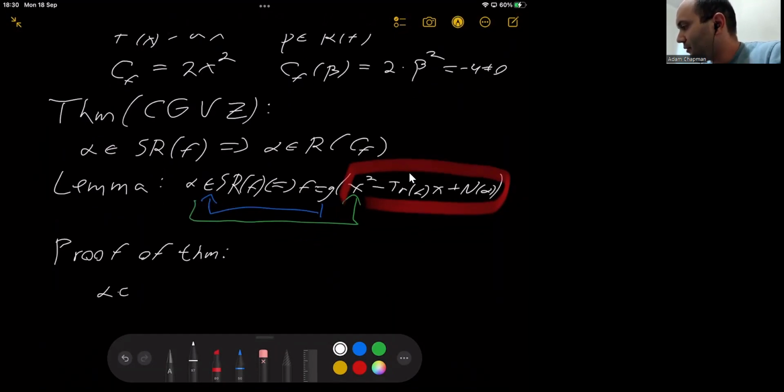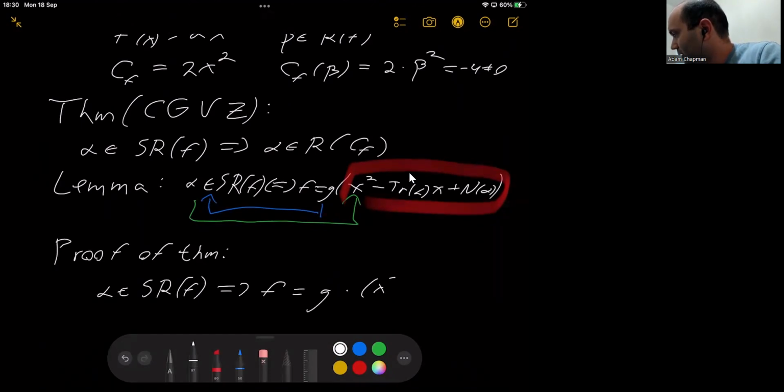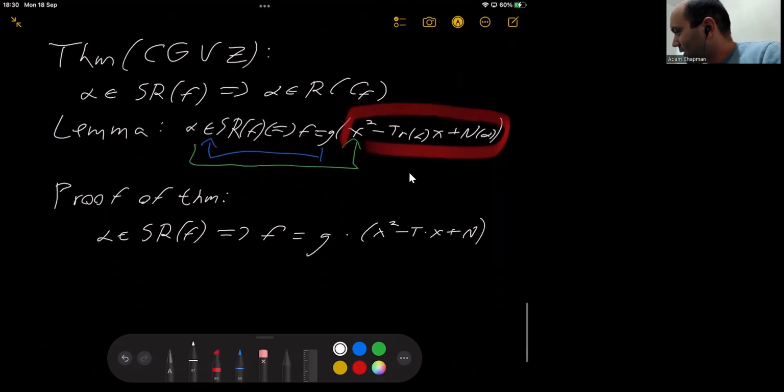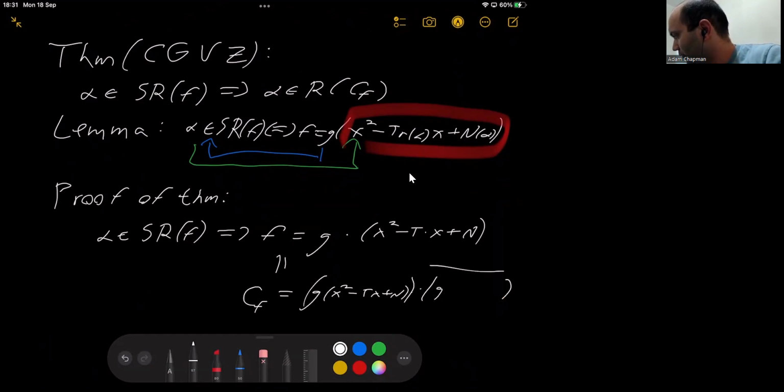So you take alpha to be a spherical root of f, and then f decomposes as g times this thing. Instead of trace of alpha, I'm going to write t. Instead of norm, I'm going to write n. And then if you compute the companion polynomial, what you get is g times this thing times the bar of g times this thing.